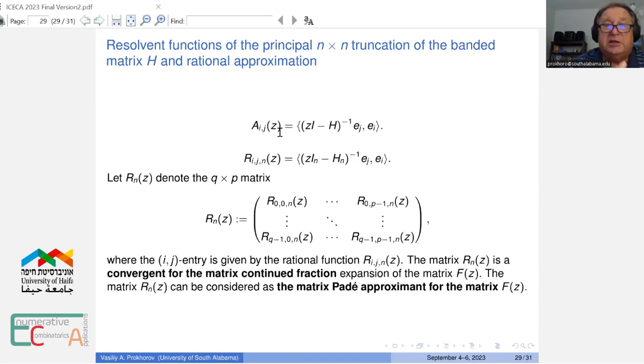And second, this matrix of rational functions is a matrix of Padé approximants for the matrix F of z.